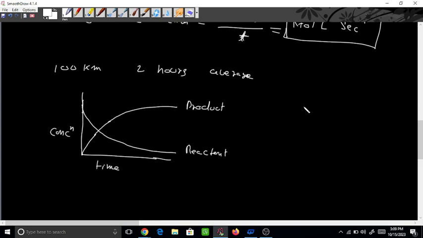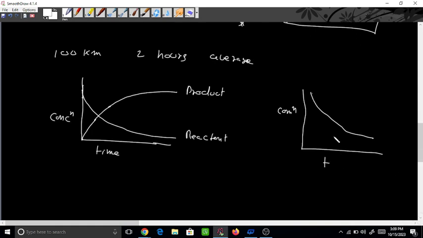So suppose we take any curve for reactant, the graph was something like this. This is concentration and this is time. Suppose we want to take the average rate. Average rate means we take the concentration at this point and the time at this point, and the concentration at this point and the time at this point. So the average rate is like v2 minus v1 by t2 minus t1, which we see for velocity.